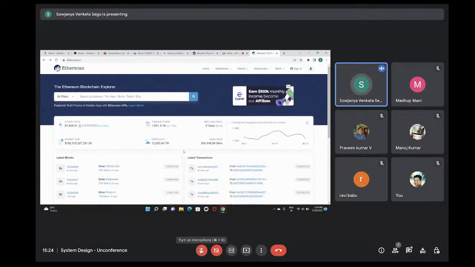There we pay in Matic, that is the native currency of the Polygon network, that will reduce the amount of gas fee. So it depends upon the use case, whether it is public. If it is public, we have some options. If it is private, there are some options. So people can think whether to go with Ethereum or Hyperledger Fabric.